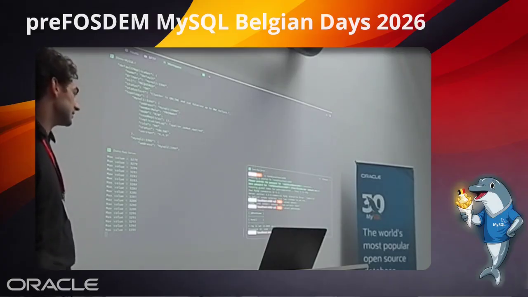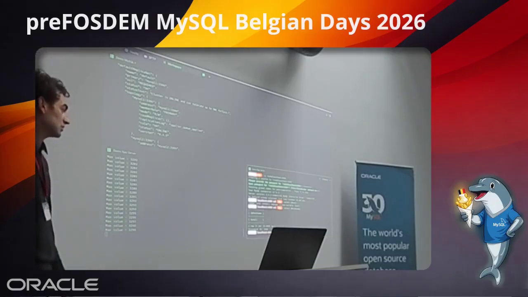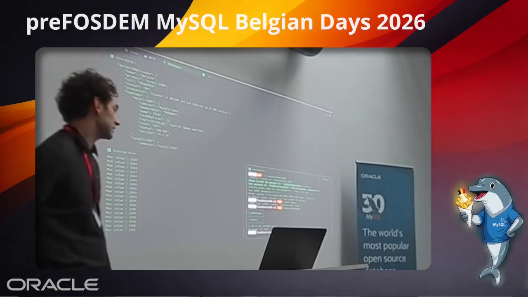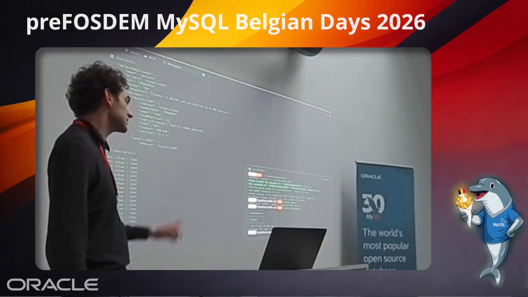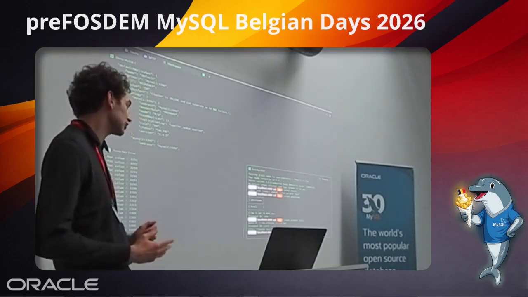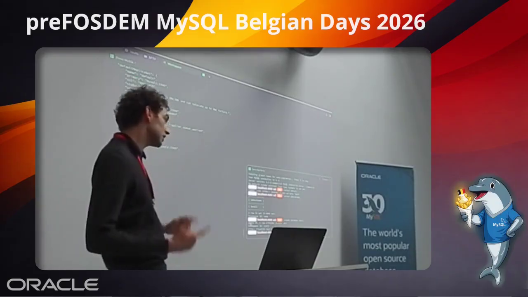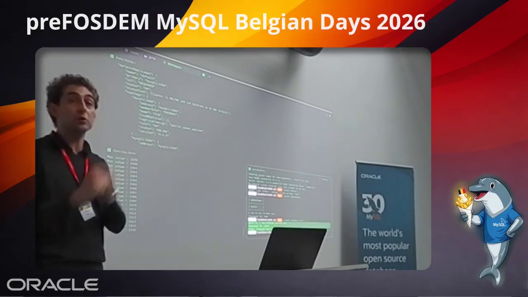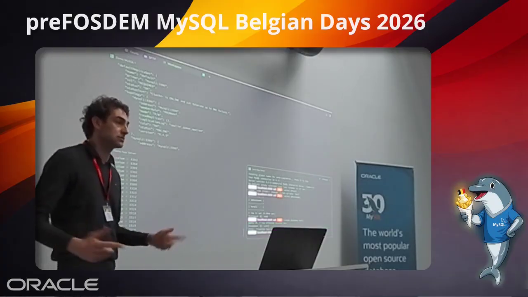And I guess it is time to switch the application, or not yet. Create database. I want to create a database to make a writing test out of MySQL Shell. It worked, so it actually took the write query to the primary node.